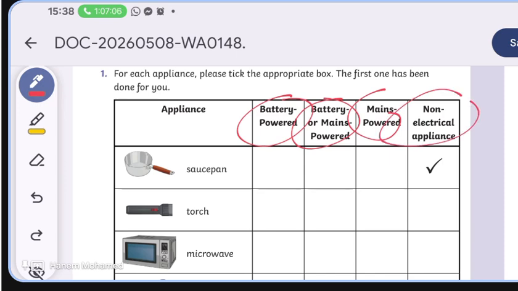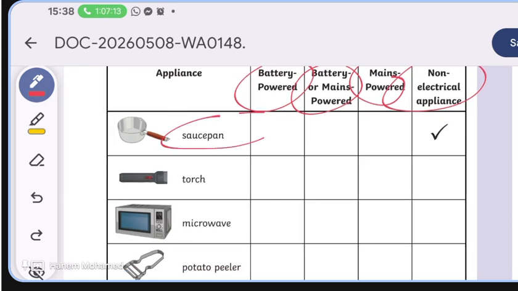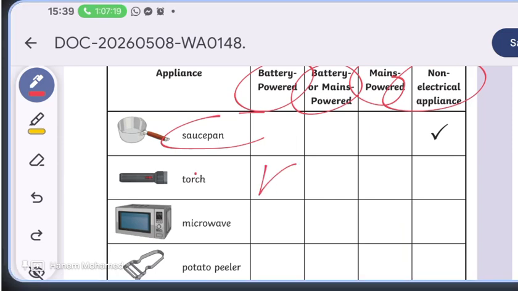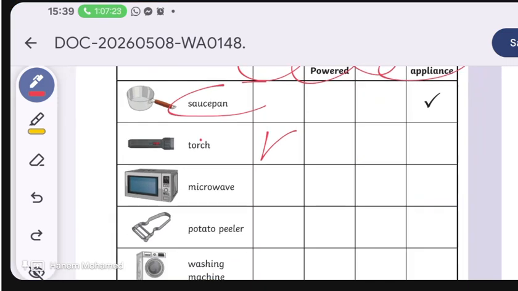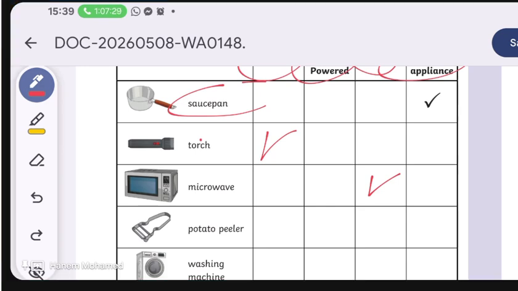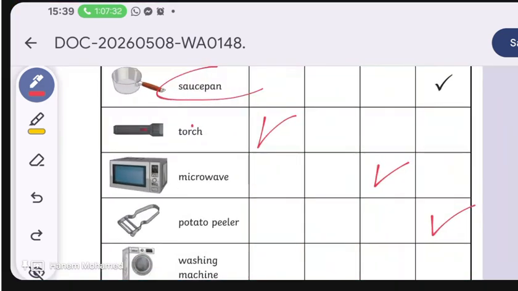Or it is not an appliance, it's non-electrical, like the saucepan, it doesn't use electricity. What about the torch? Battery power. What about the microwave? Mains power. What about the potato peeler? Not electricity, non-electrical.